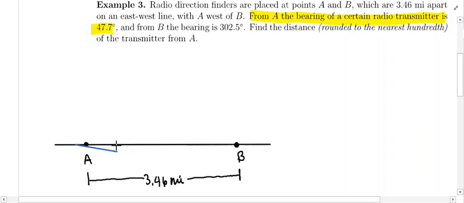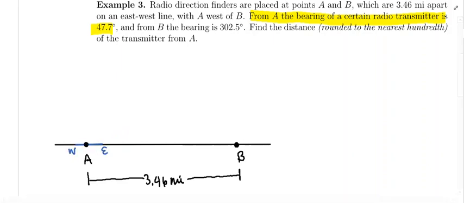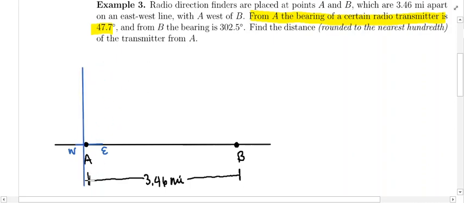Here is the little west and east, and then I have to put in my north-south line. Since the angle is given for bearing, that means it is relative to due north. Let me position this a little straighter. So here's my north-south line through this point A, like this.